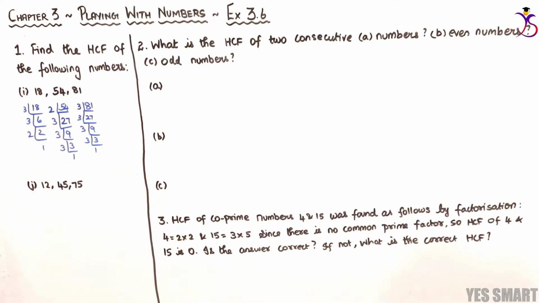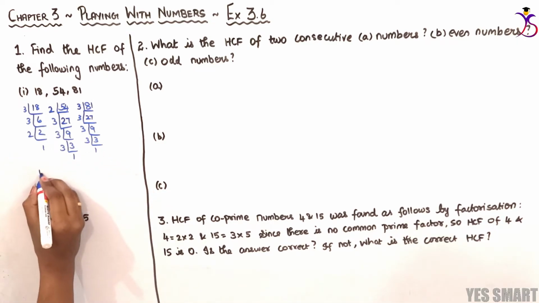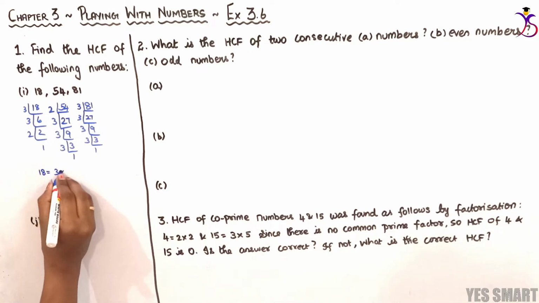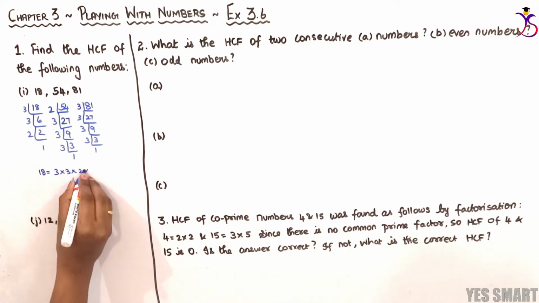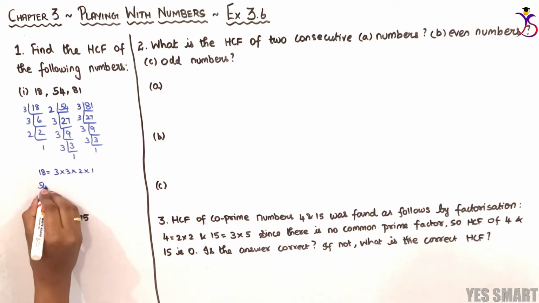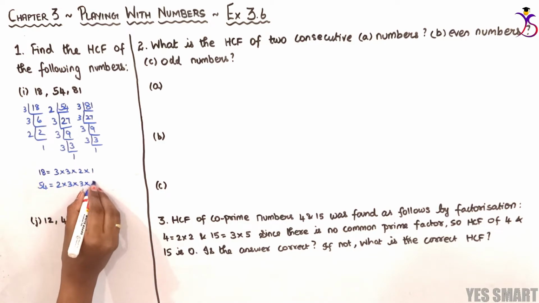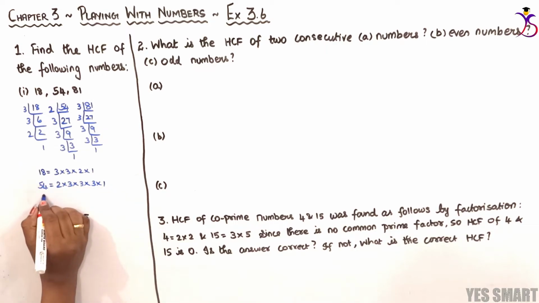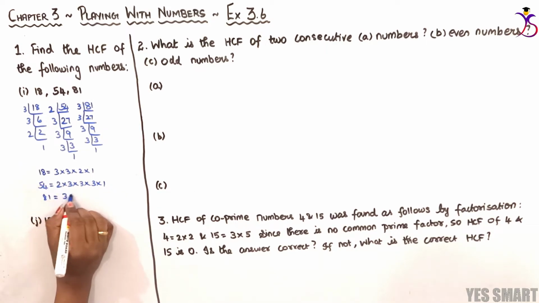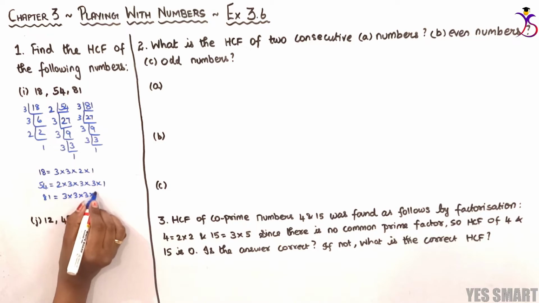Now let's write the factors. For 18, 3 into 3 into 2 into 1. For 54, 2 into 3 into 3 into 3 into 1. For 81, 3 into 3 into 3 into 3 into 1.